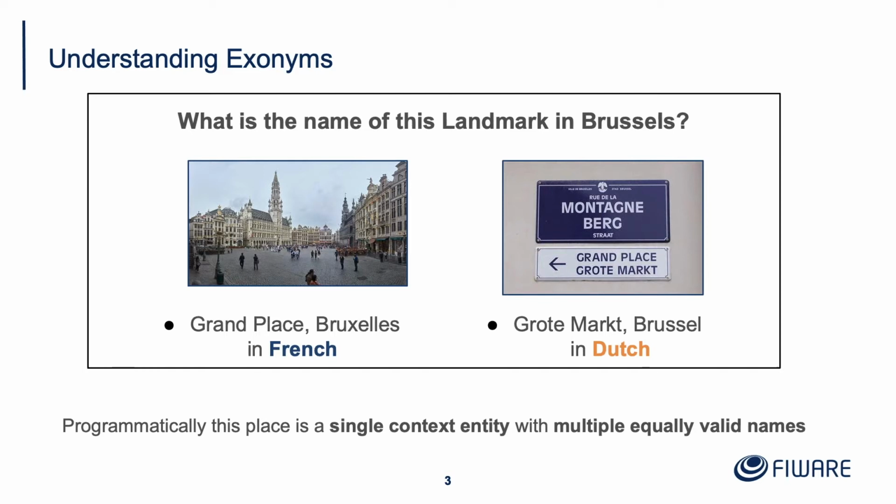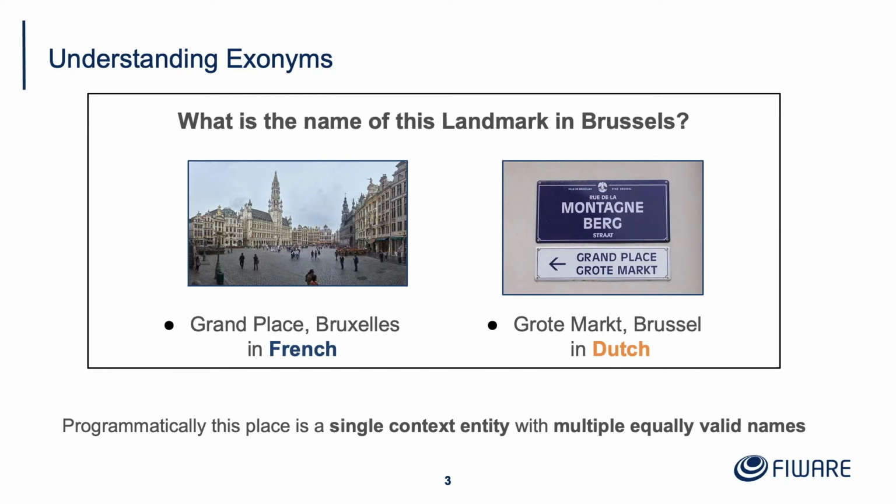Now, these are both equally valid names, and you don't want to go into your model to give it a name property which is name in French or name in Dutch, because obviously if I'm in Berlin, I might not have a name in Dutch. I don't want to add that particular attribute into my name. It's the name which is the thing which is changing, and it's particularly talking about strings here.